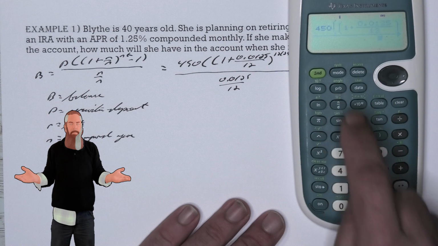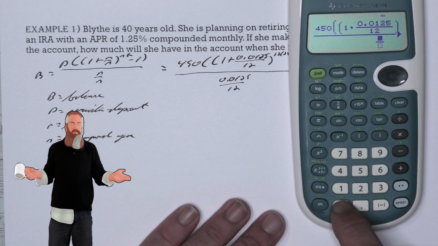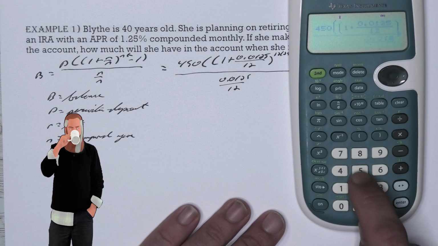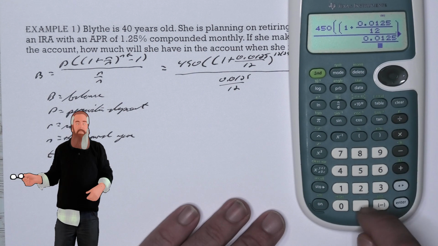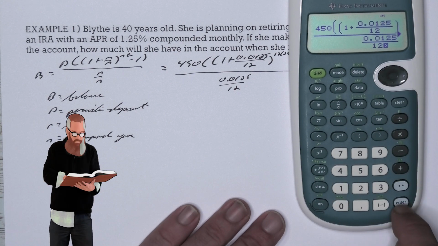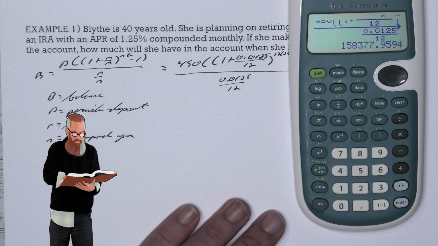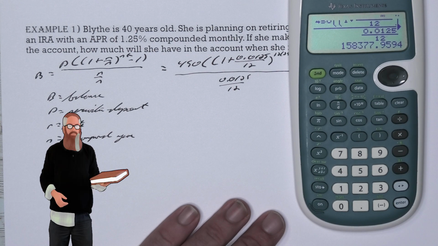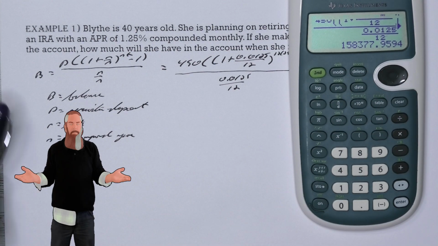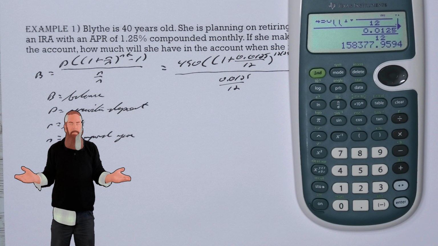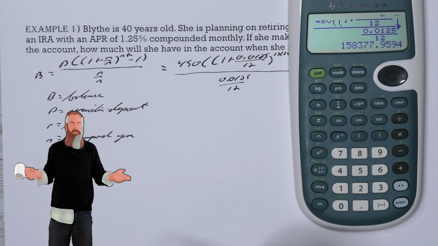Press the down arrow to get into the denominator, fraction button, and in the numerator, I'm going to put 0.0125, down arrow into the denominator, a 12, and hit enter. This is going to give me approximately $158,377.96.